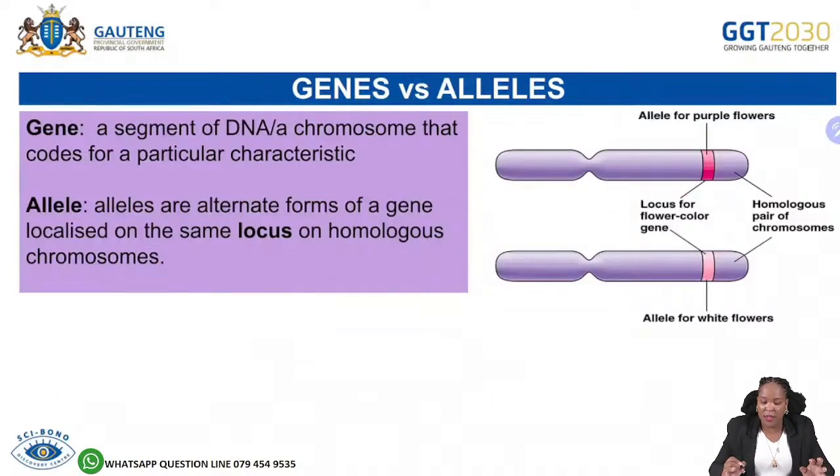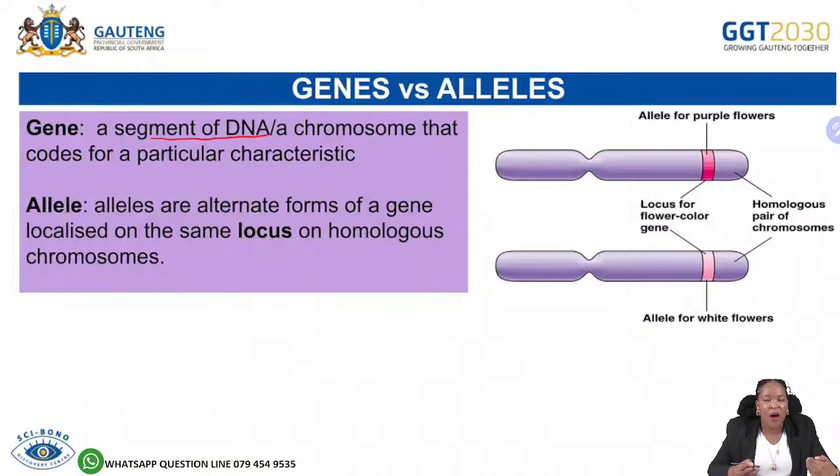Now this concept is where sometimes the challenge comes. We're going to take a look at it slowly so we understand, because allele is a new terminology we are bringing you. But first, let us take a look at the gene. What is a gene? A gene is a segment of DNA. We loosely say that you have inherited your genes from your mother or your father.